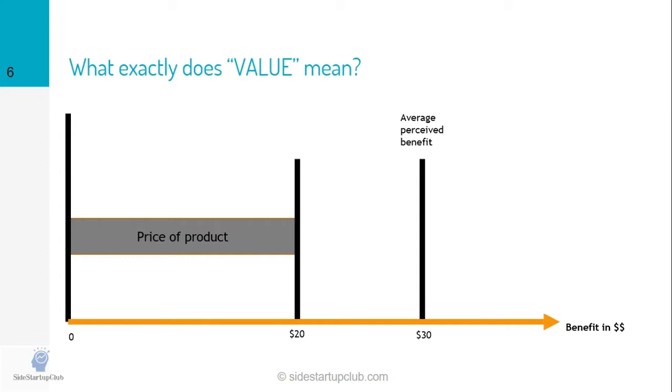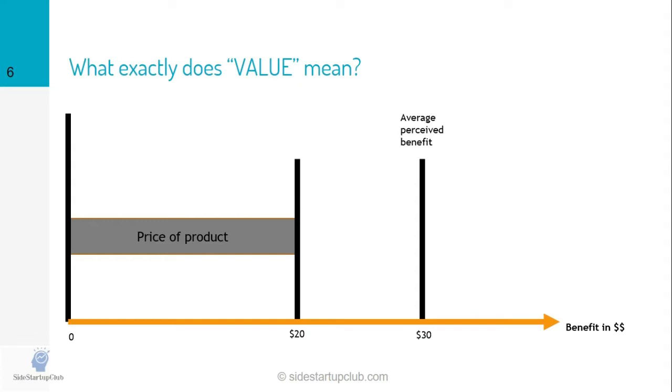Now, every product, whether it's wine of the month, whether it's a taxi ride, whether it's renting a jet ski, there's some sort of benefit or willingness to pay for that product and service. For every person, that perceived benefit is different, but there is some sort of average, intangible perceived benefit to every product.